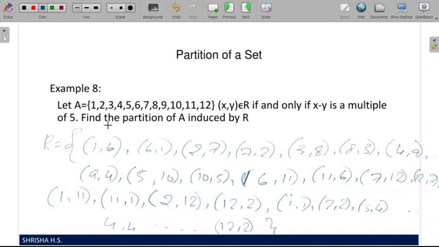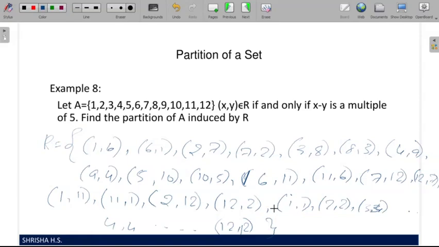So it is an equivalence relation. (1,6), (6,1) is there, and (1,1) is there, so transitive. If you look, the pattern continues. So it is symmetric, and as (1,1), (2,2), (3,3), (4,4) are all there till (12,12), it is reflexive. So this is an equivalence relation.